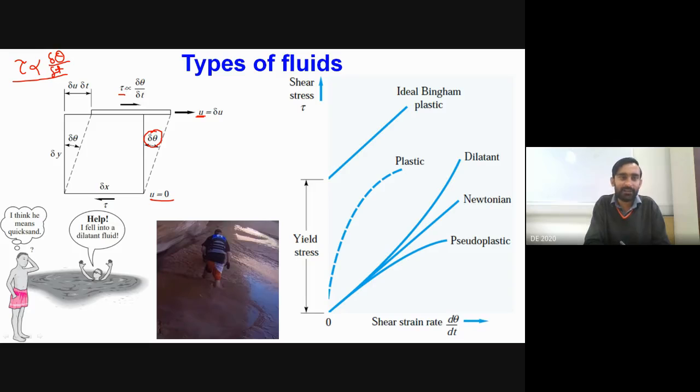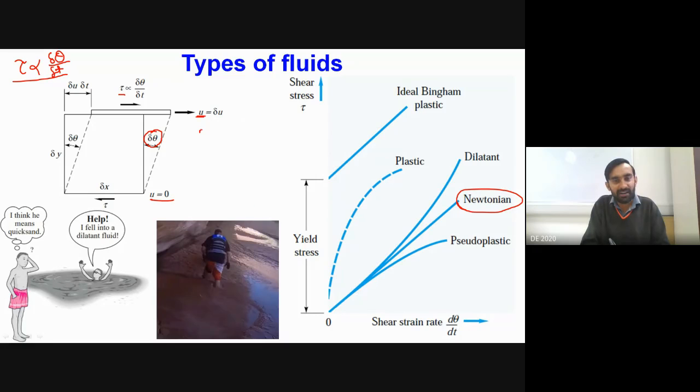del t, but whether this relationship is linear or non-linear is decided by the type of the fluid. If the relationship between tau and del theta by del t is linear, then we call that type of fluid a Newtonian fluid.